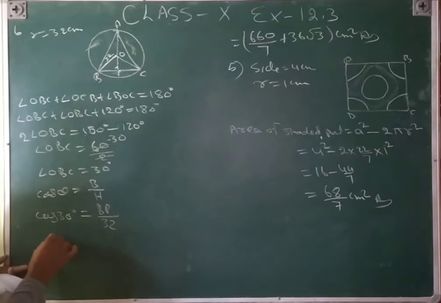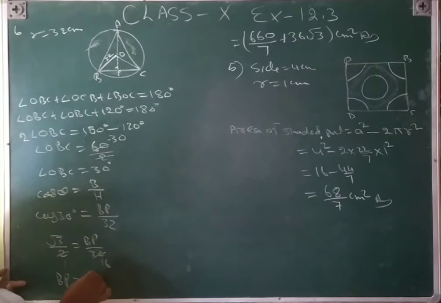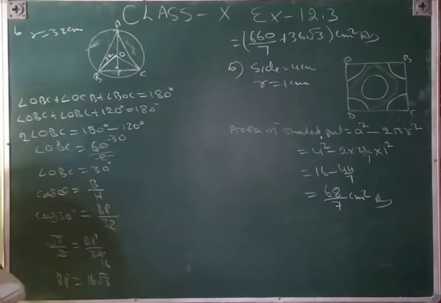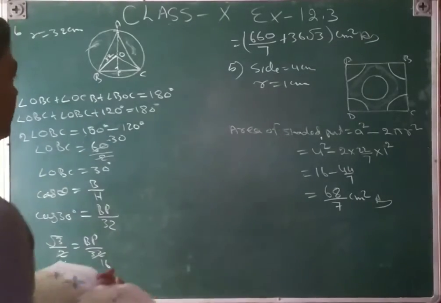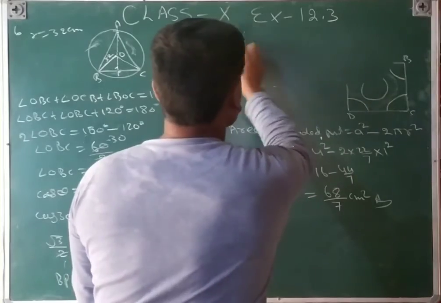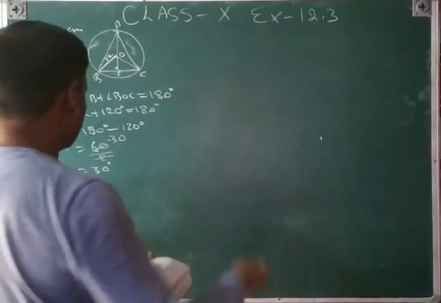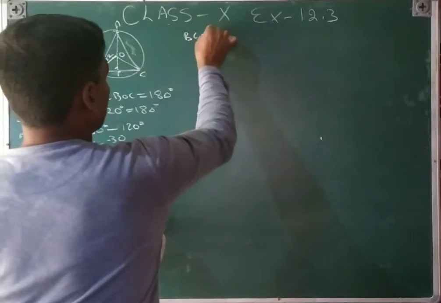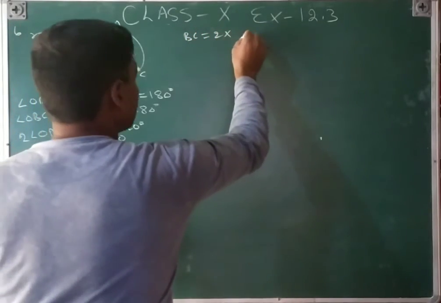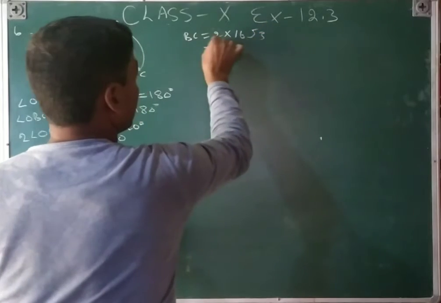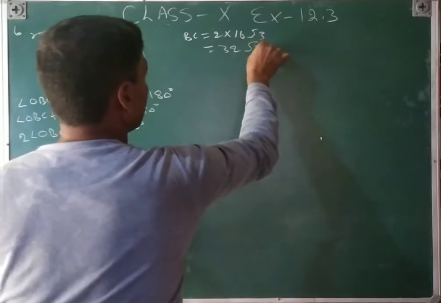So cos 30 value is root 3 upon 2, equal to BP upon 32. 2 sixteens are 32. So BP is equal to 16 under root 3. Obviously BC will be double of that, so BC is equal to 2 into 16 under root 3, which is 32 under root 3.